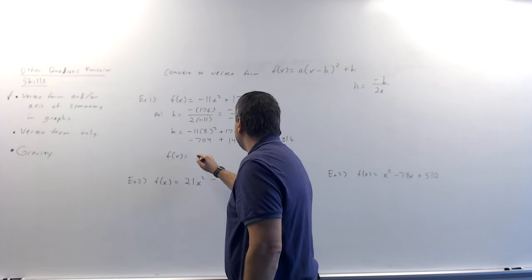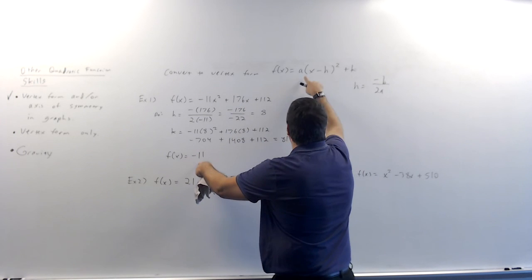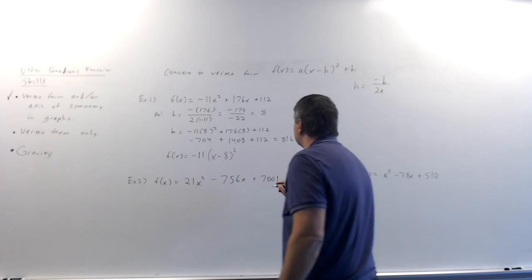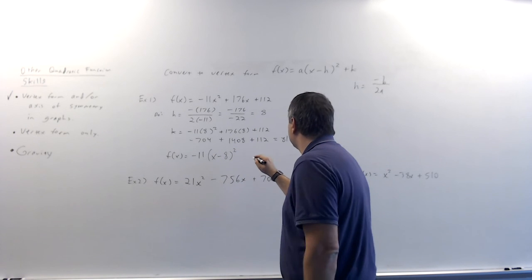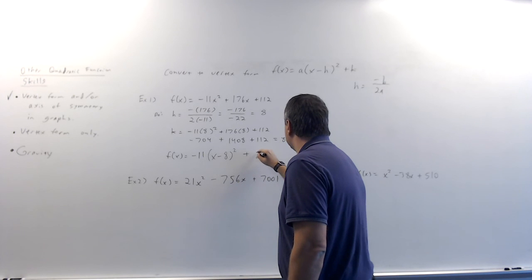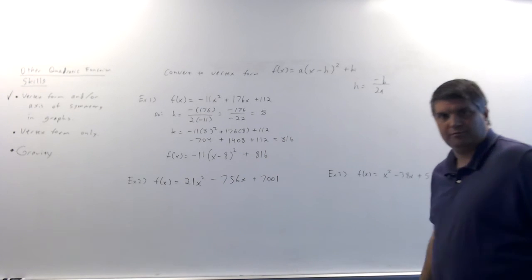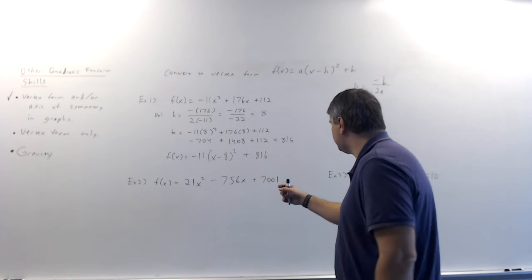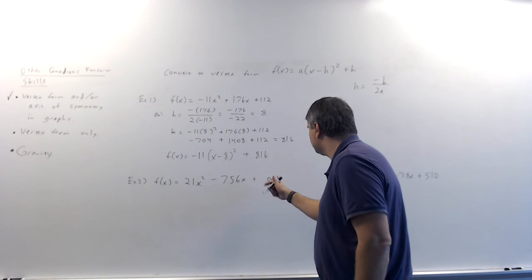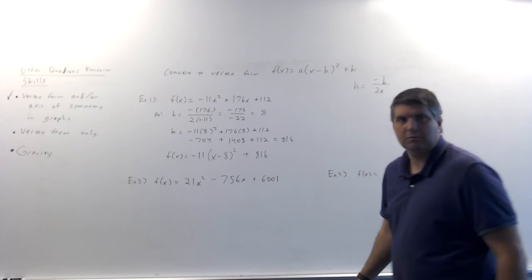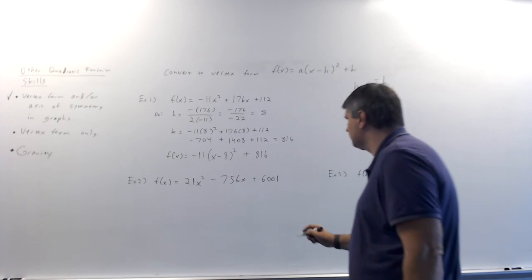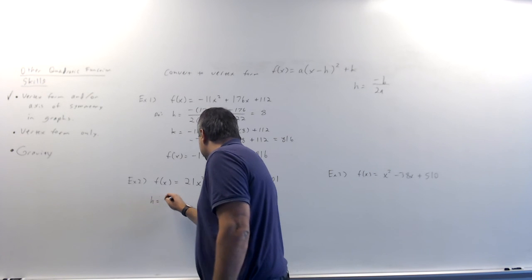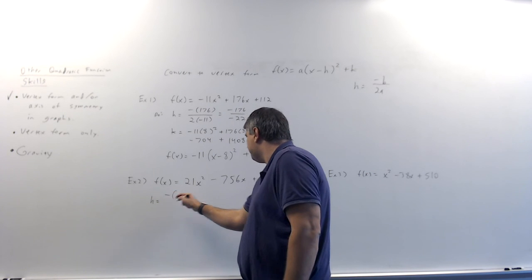So f of x equals negative 11, because a is negative 11, x minus 8 squared plus 816.